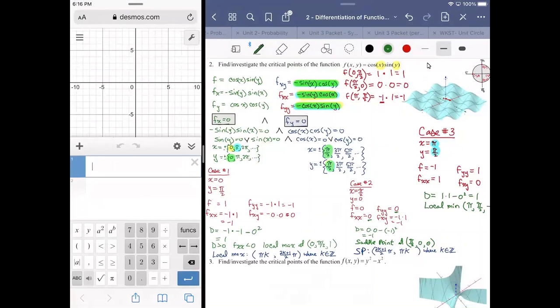I'm just going to make a quick table. All right, so I have 0. I got pi, and we'll just focus on the positive ones for now. 2 pi, 3 pi, and so on.